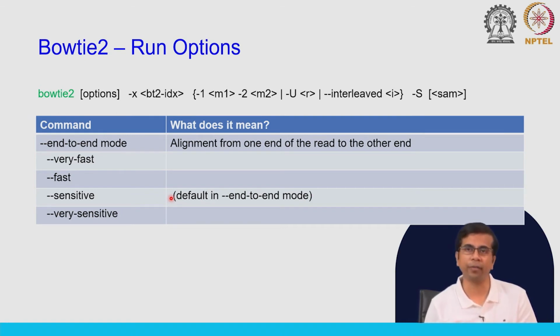One of the things you should remember when you do read mapping with BWT based methods such as Bowtie2 is that the backtracking process, or mapping reads with mismatches, may not always give you the best results because of certain features of the algorithms and of the implementation.